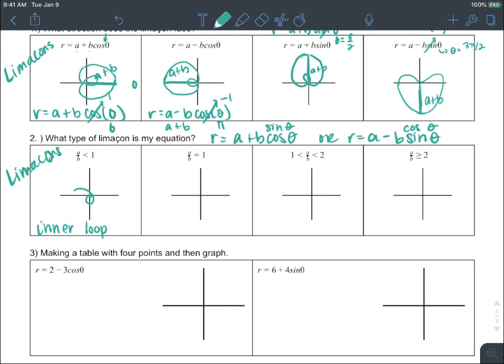Looped out, okay. If a over b is equal to exactly 1, like r equal to 2 plus 2 sine theta, that would be a cardioid. It could be upside down, like this.